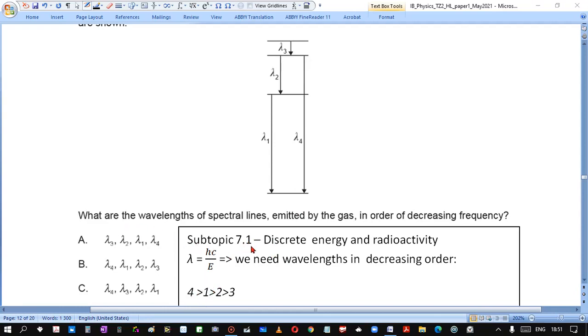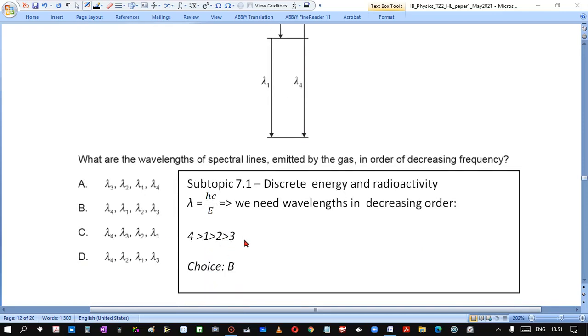So subtopic 7.1 gives us wavelengths linked to energy. So we see that they are inversely proportional. So we need wavelengths in decreasing order. So the biggest wavelength is 4, then 1, then 2, then 3. And energy will be increasing. So it is choice B.